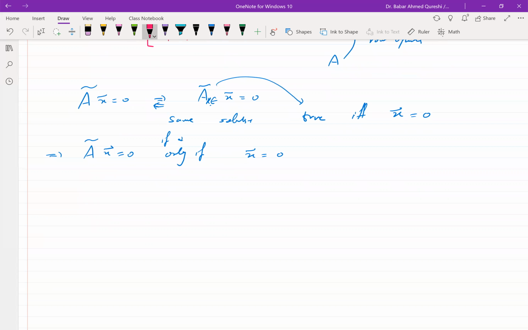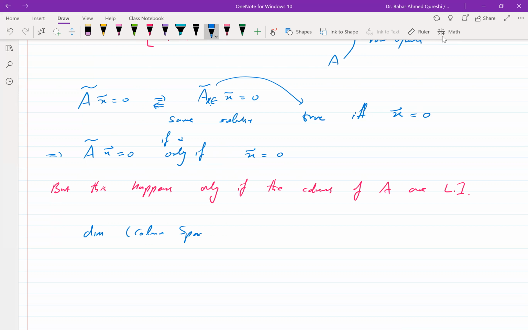But this happens, we proved above, only if the columns of A are linearly independent. So what's the conclusion? The conclusion is about the dimension of the column space. We haven't really found the dimension of the column space.